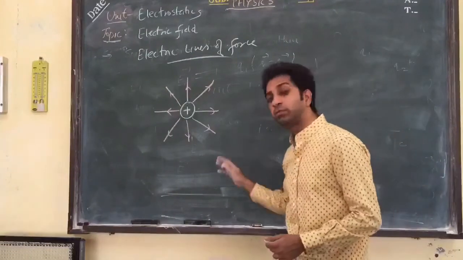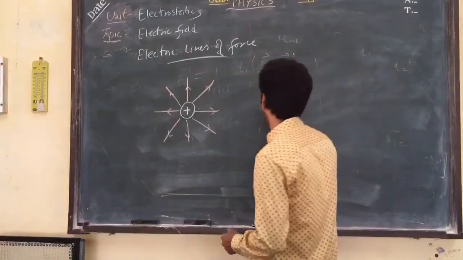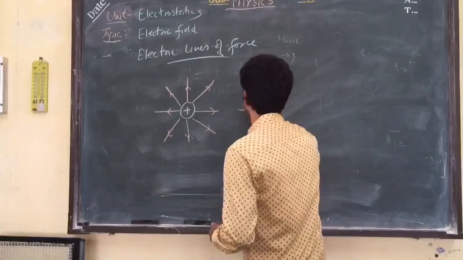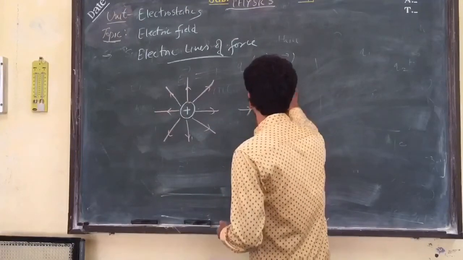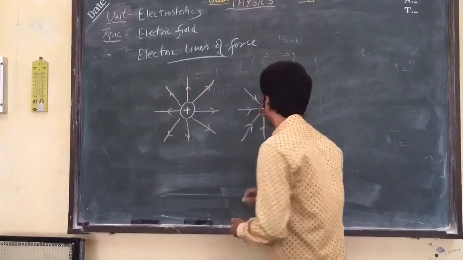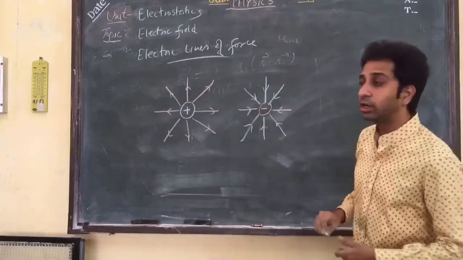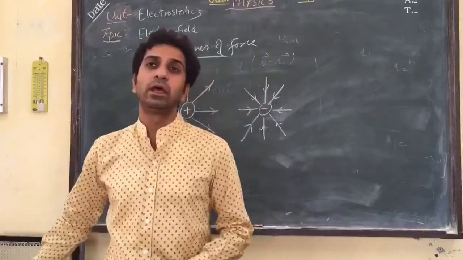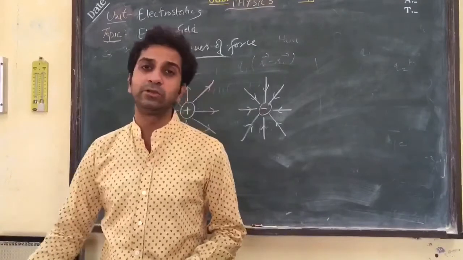This is the individual positive charge. If you are taking a negative charge, then electric lines of force are like this: arrows inward. Again, if you are representing more lines, it directly implies the field is quite stronger, and if the number of lines is quite less, then it means the field is weaker.